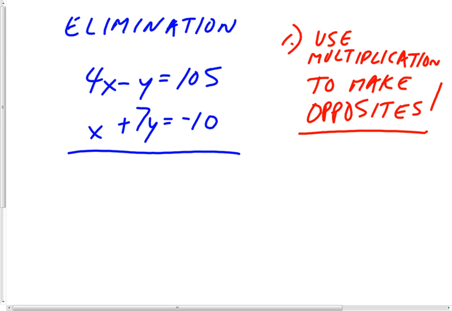You're going to multiply somehow. It might be once, it might be twice, just to create opposites. What's in front of the x? Put a 1 there. Yep.